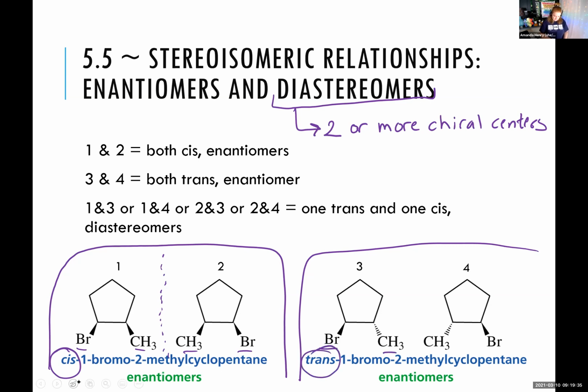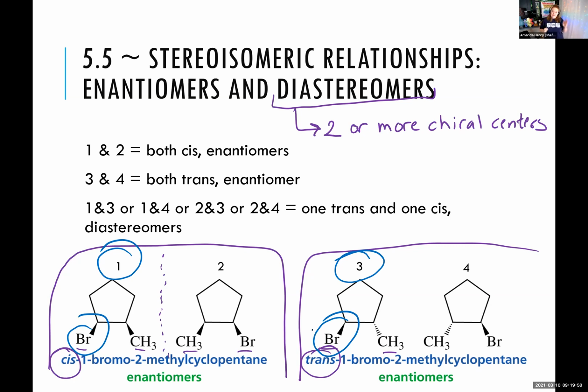Now, if we compare structure 1 and structure 3, the bromines are in the exact same position. They're both wedges. When I think of diastereomers, I think of it as the gray area between something that's identical and something that is opposite.